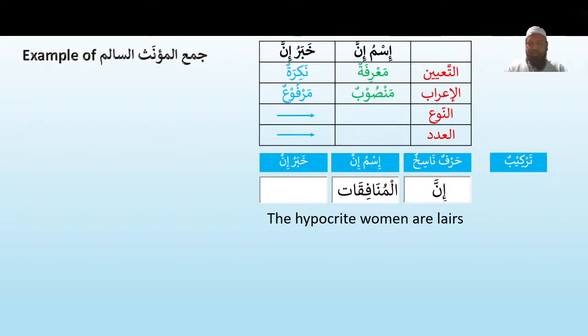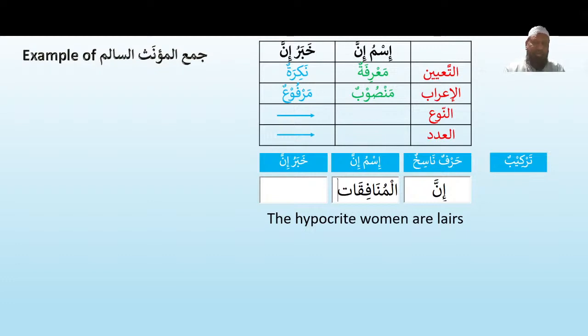Munafiqat. Okay, what is the i'rab of Jam'ul Muannas Salim in mansub case? So what do we write here? Do we write a fatha or kasra or dhamma, or do we show i'rab with harf, alif, waw, ya? Which one? Jam'ul muannas salim.